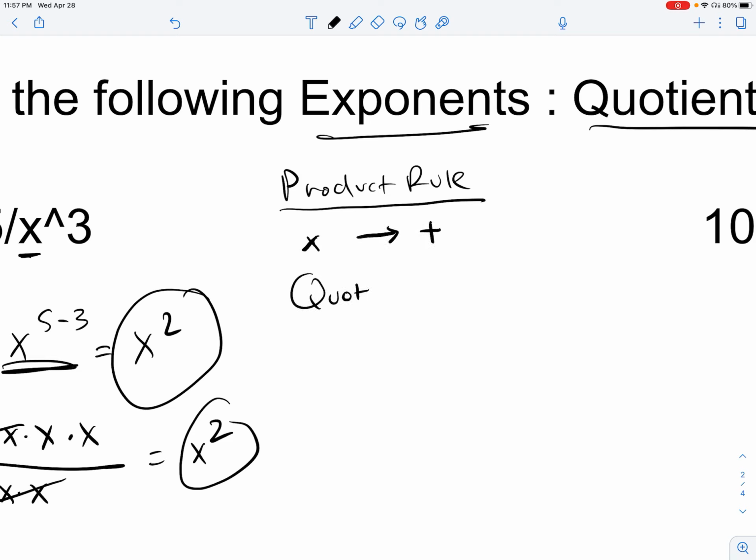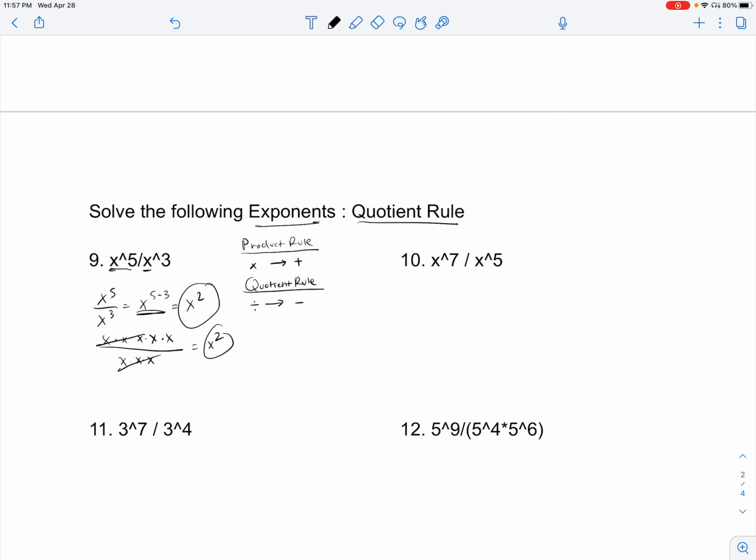Quotient rule is the opposite. If you can divide them and they have the same bases, you can subtract the exponents. And this is only applying to the exponents, not the bases. The bases have to be the same.